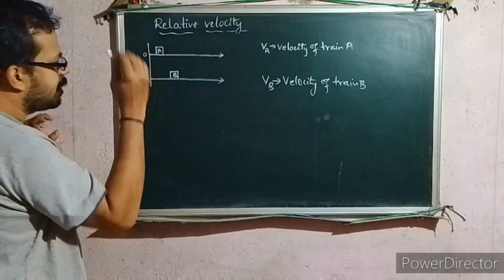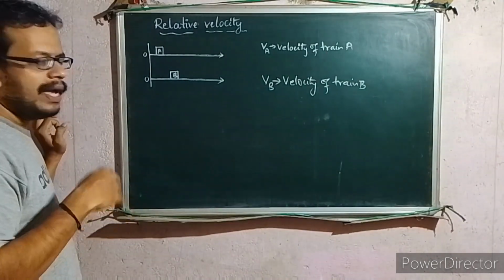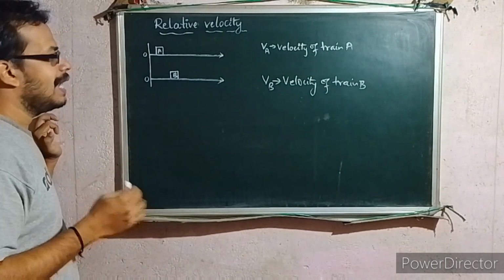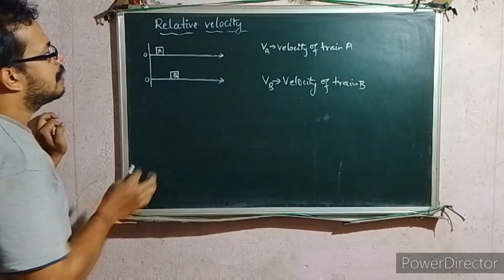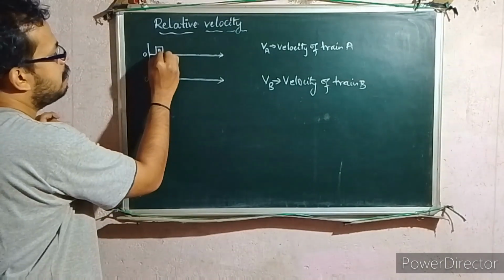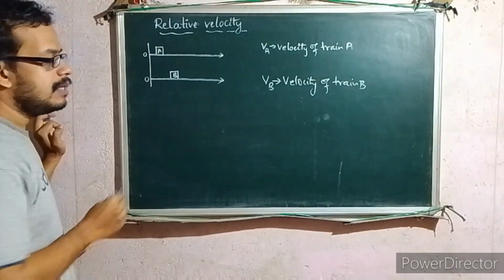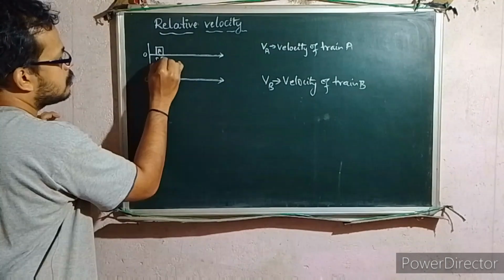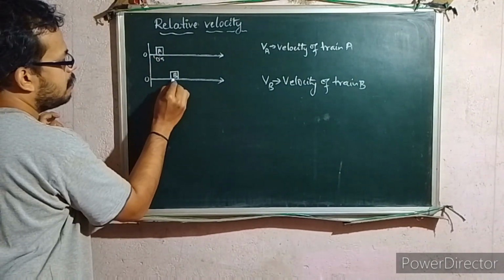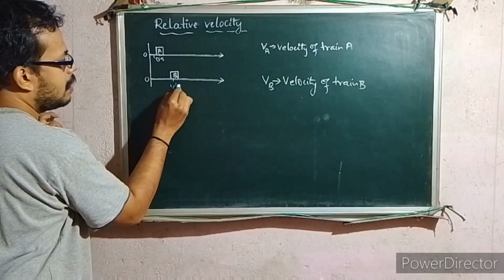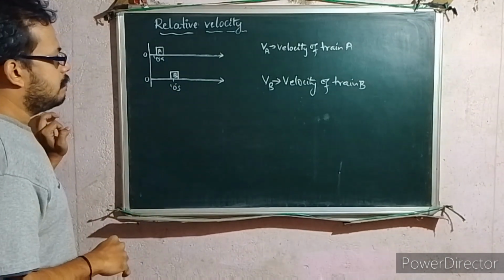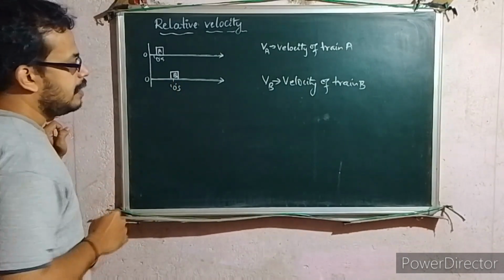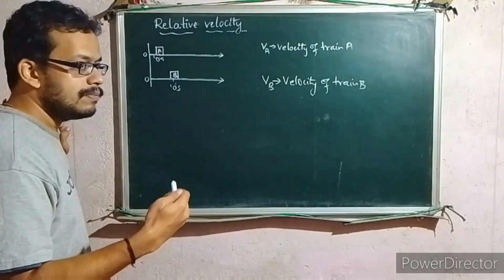Okay, and we consider this is the actual starting point, and from there they start and they move along parallel track. And when we start observing both trains, the time we take it as 0 second. The time here is 0 second, and these are their initial positions we observe.